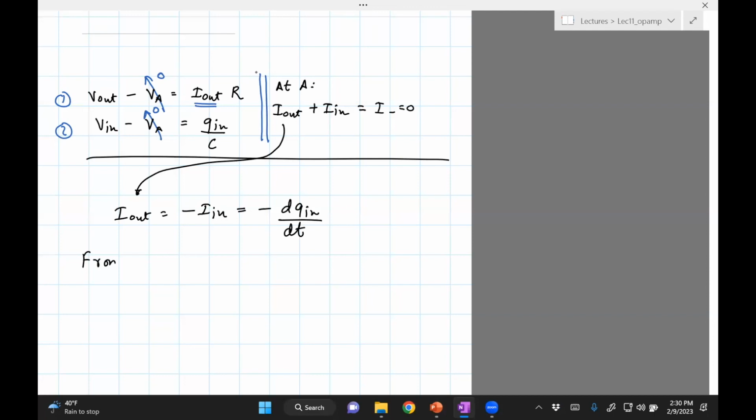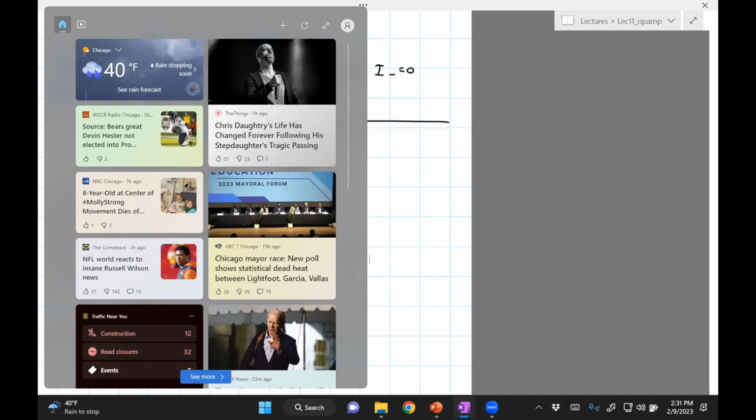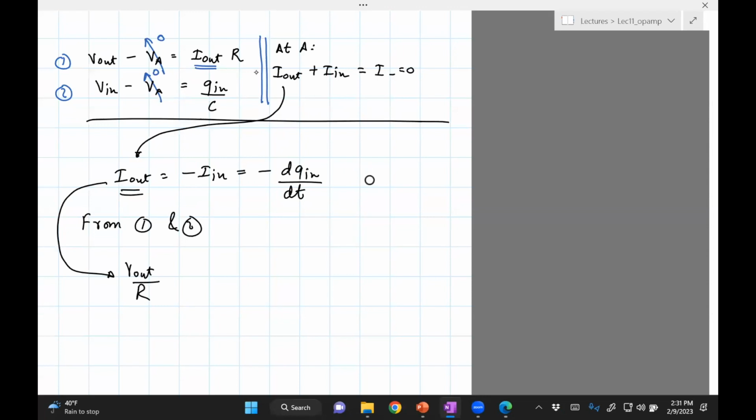So we have V out divided by R, the part which I replaced from equation 1, equals minus d dt of Q in, but Q in is C times V in, the substitute for Q in from 2.